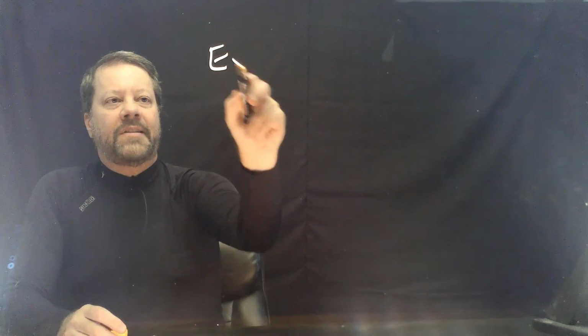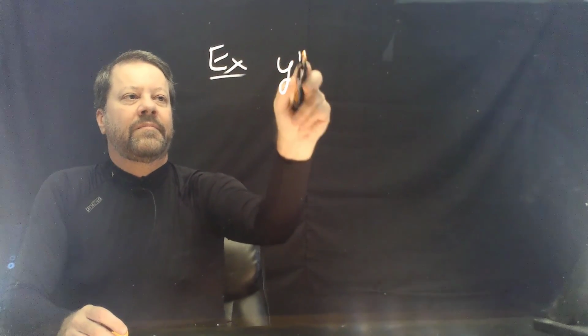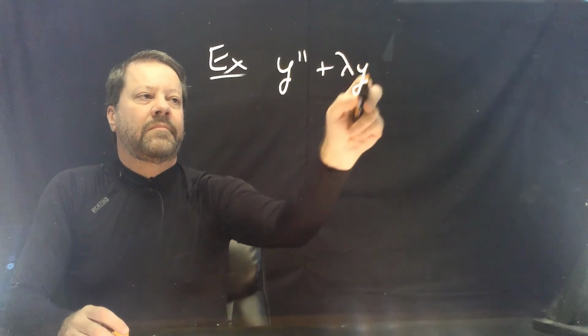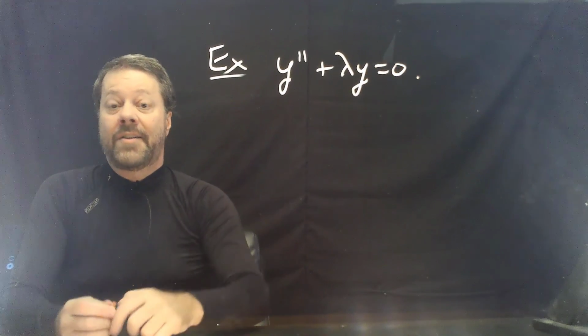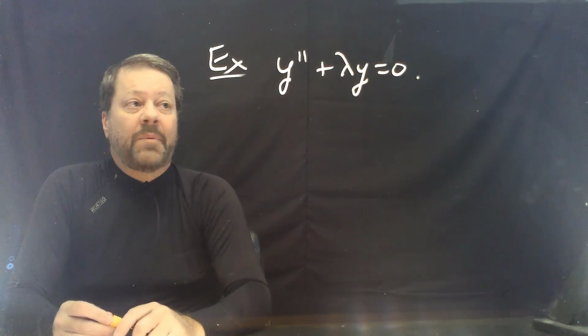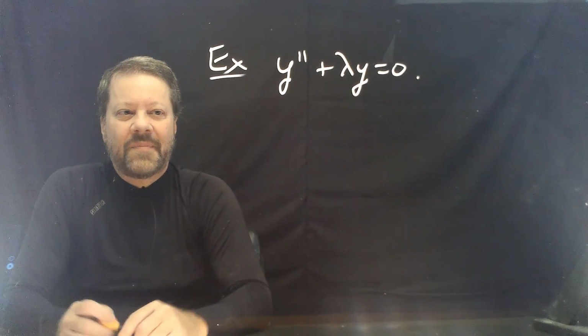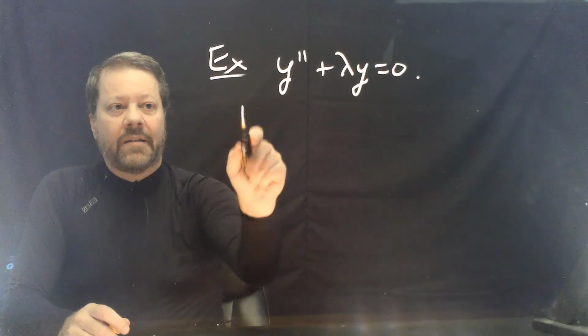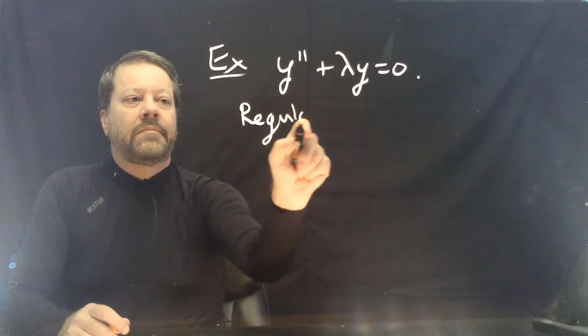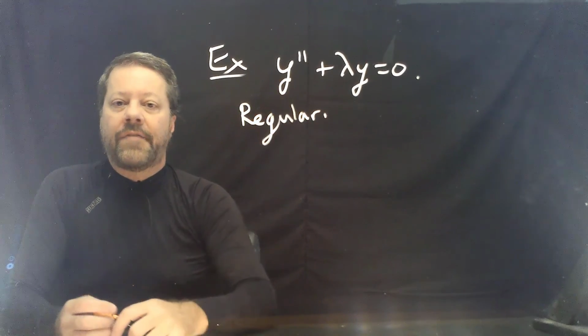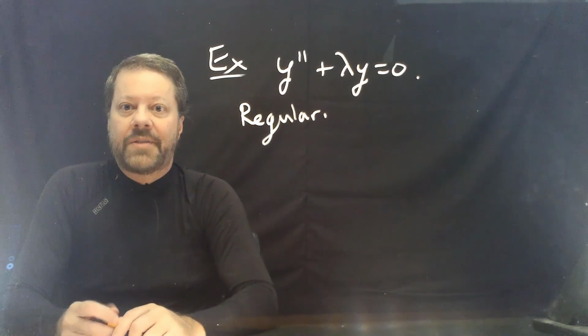As another simple example, consider the differential equation y double prime plus lambda y equals 0. This problem is regular since all the functions are going to be continuous, being constants.